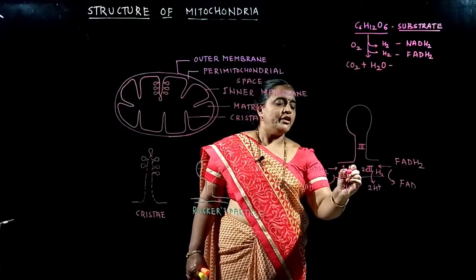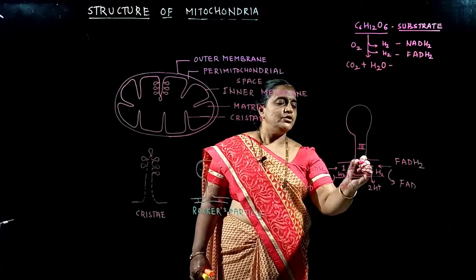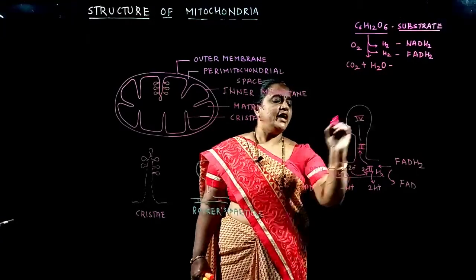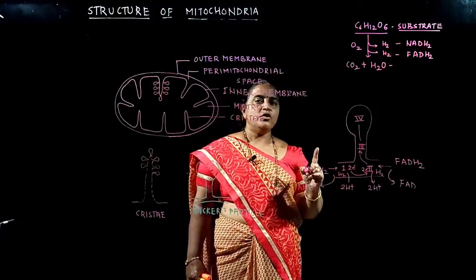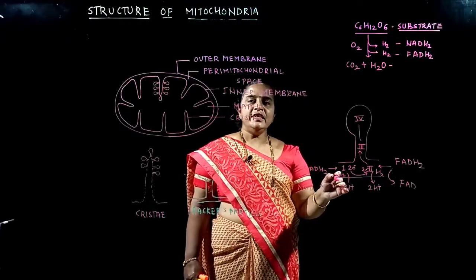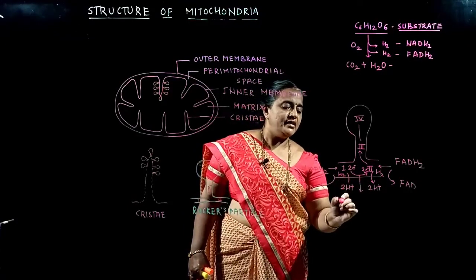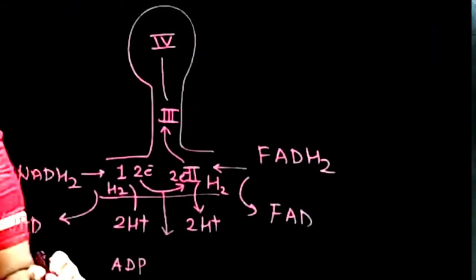When a pair of electrons moves from complex 1 to 2, 2 to 3 and 3 to 4 present in the head, during this electron transfer, the cytochrome system available inside takes the radiant energy from the electron, and the escaped energy is received by ADP, adenosine diphosphate.